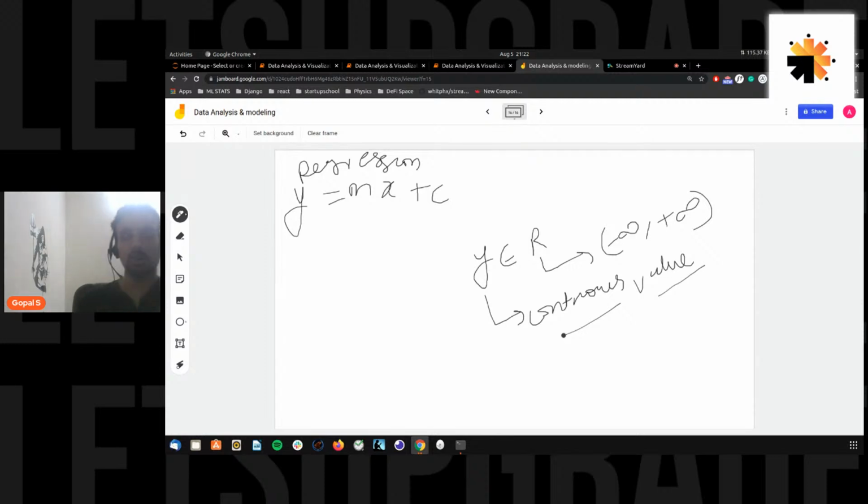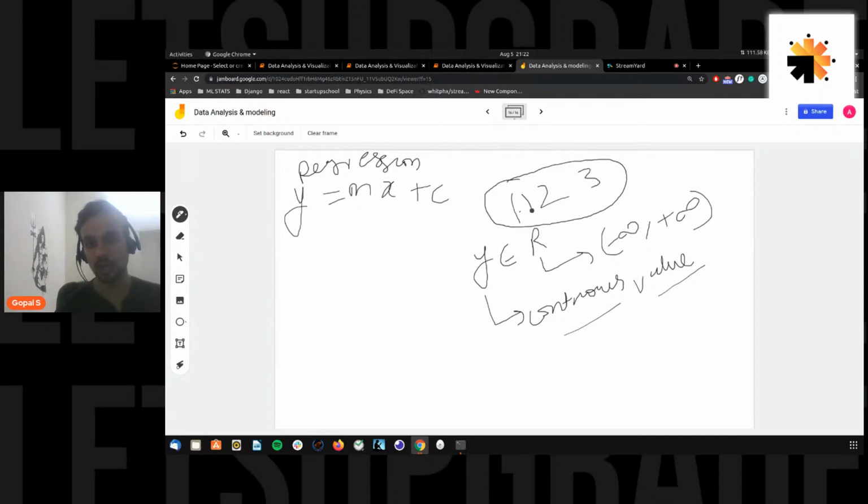What do I mean by continuous values? 1, 2, 3 are integers, but these are classes when you are dealing with machine learning. These are whole numbers. But the moment I say 1.1, 2.1, these are continuous values. So your output has to be a continuous value.